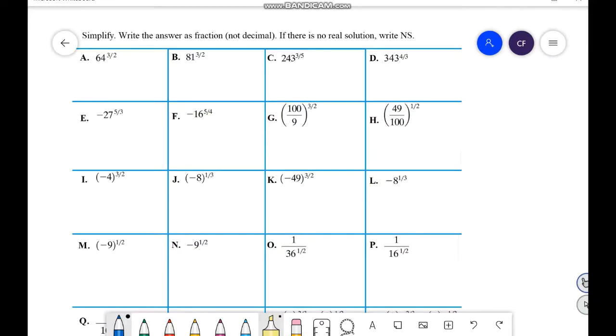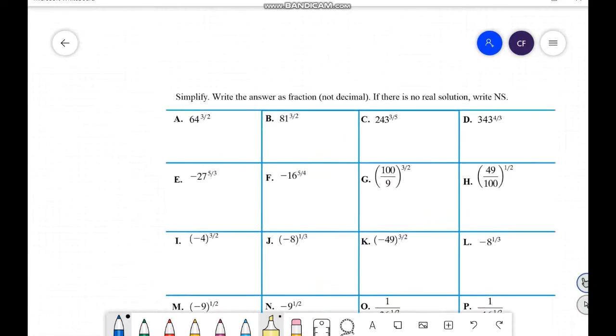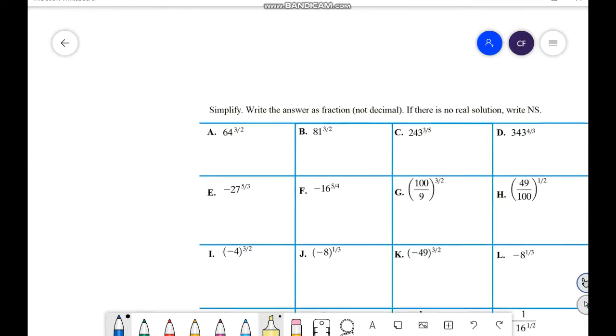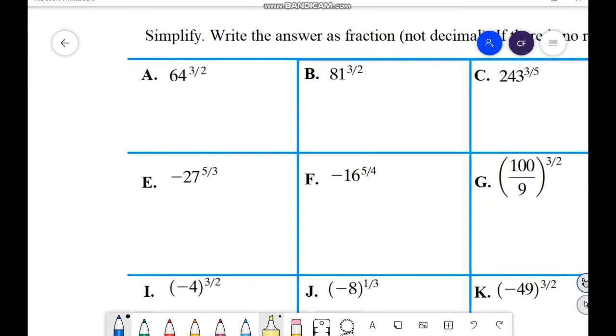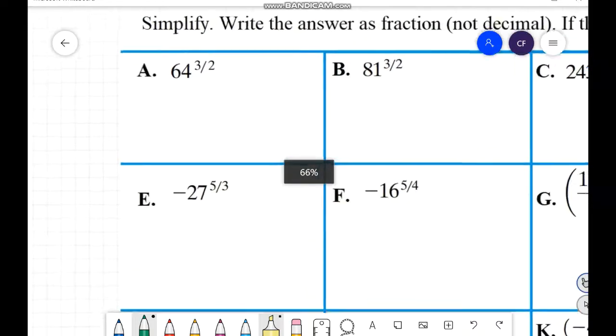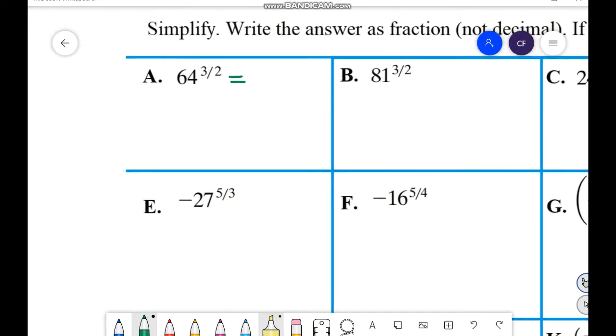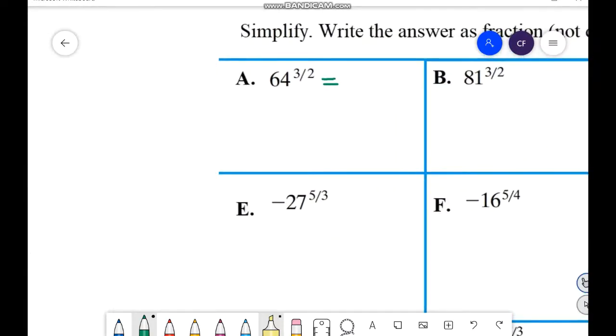Moving on, the quiz today is quite simple. You can solve most of the quiz using your calculator. Okay, and let me show. For letter A, we're going to apply the definition. The definition is this one.